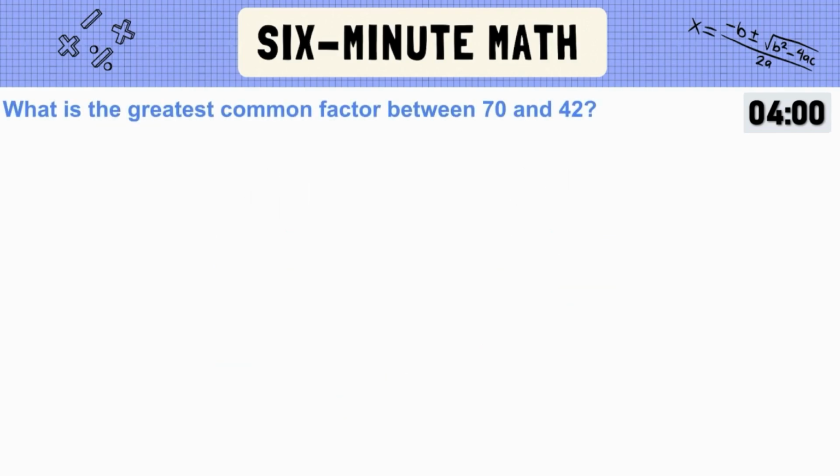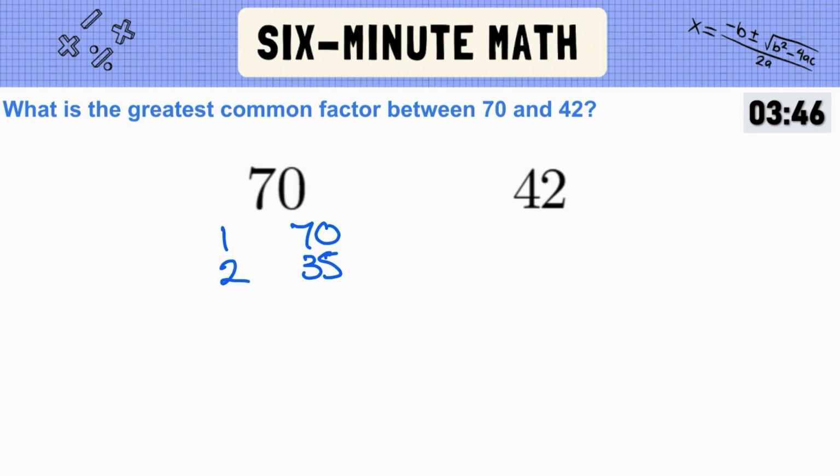How about another example here? We're going to look at 70 and 42. So I am going to create my factor U's. So I have 1 and 70, 2 and 35, 5 and 14, and 7 and 10.